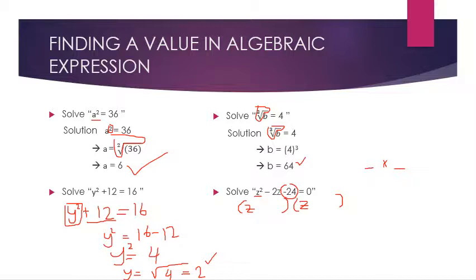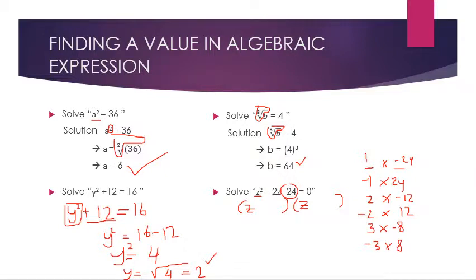It can be 1 multiplied by minus 24. It can be minus 1 multiplied by 24. It can be 2 multiplied by minus 12. It can be minus 2 multiplied by 12. It can be 3 multiplied by minus 8. It can be minus 3 multiplied by 8.